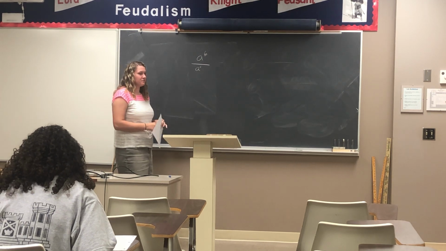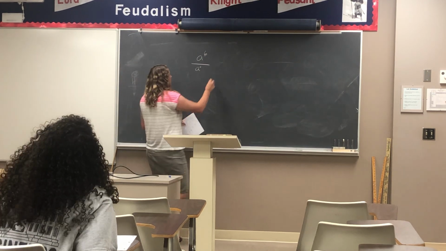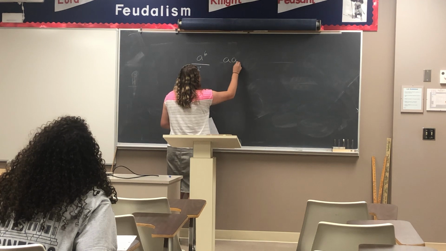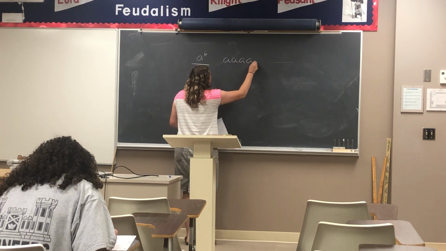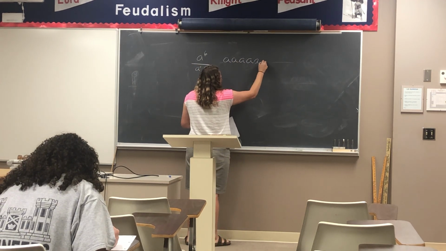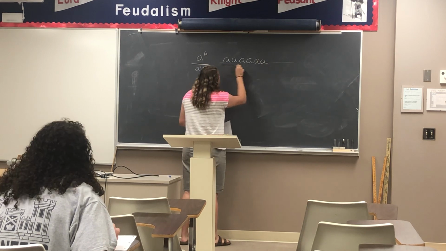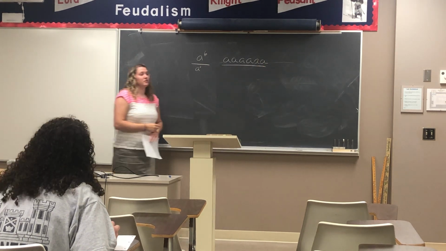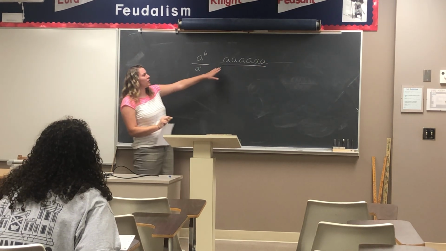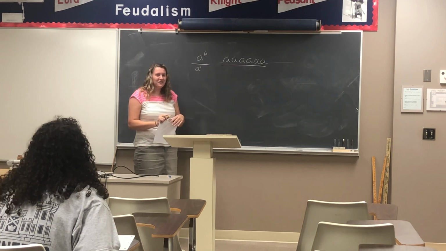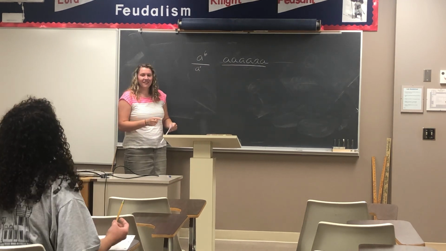What did you do? In my numerator, I wrote out A times A times A times A times A times A. Did I get that right? Yep. And then, Anna Grace, what did you do next? I'm assuming you wrote this line. I did. You got ahead of us there.